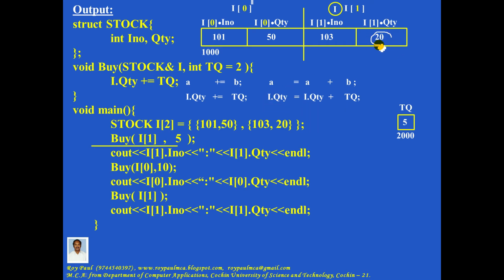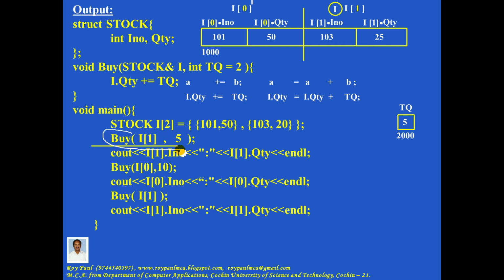So this I dot quantity becomes 25. You can see that it became 25. Now this is completely executed. After executing a function, control returns to the point from where it was called. So control comes back here.